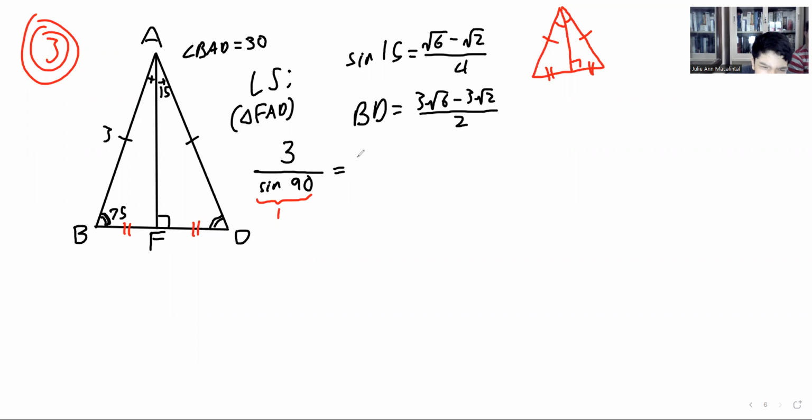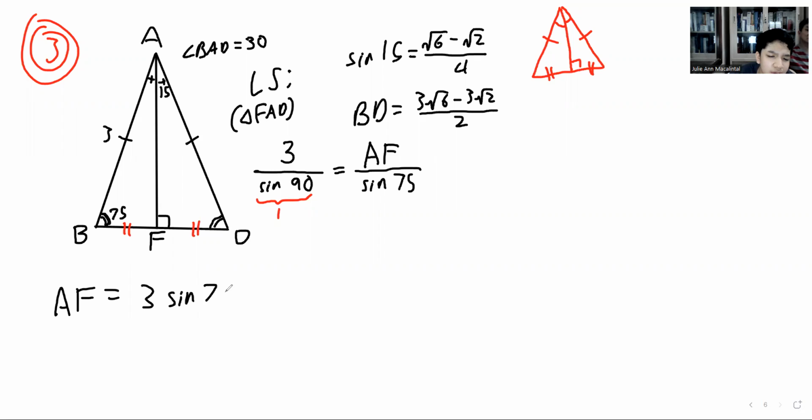Okay, so for sine 75, we already know what sine 75 is. Sine 75 AF. Wait, I should put it here. That little space is worth nothing. 3 times sine 75 equals 2.